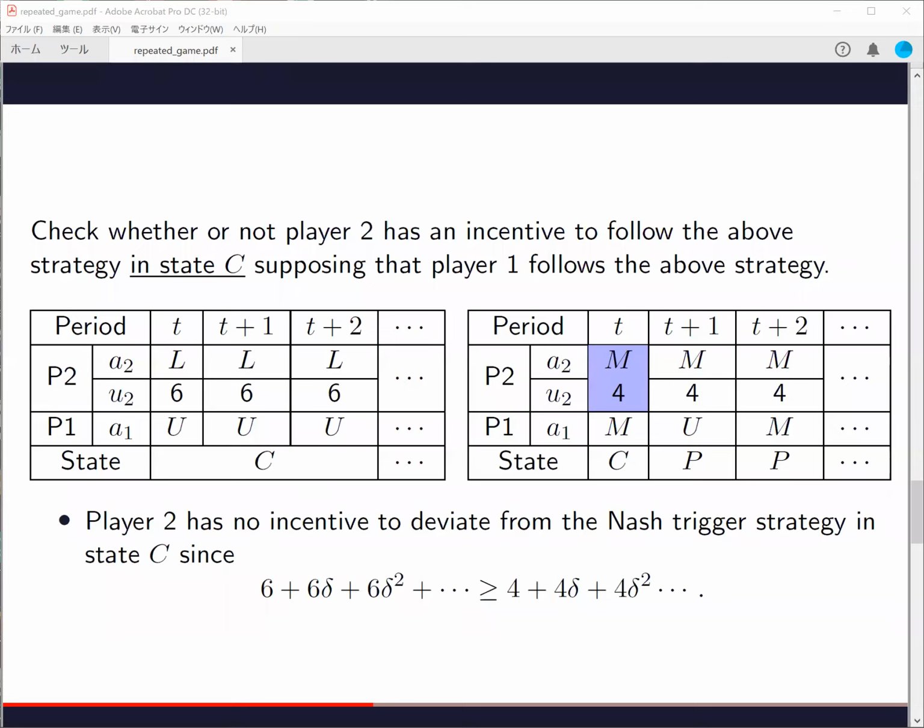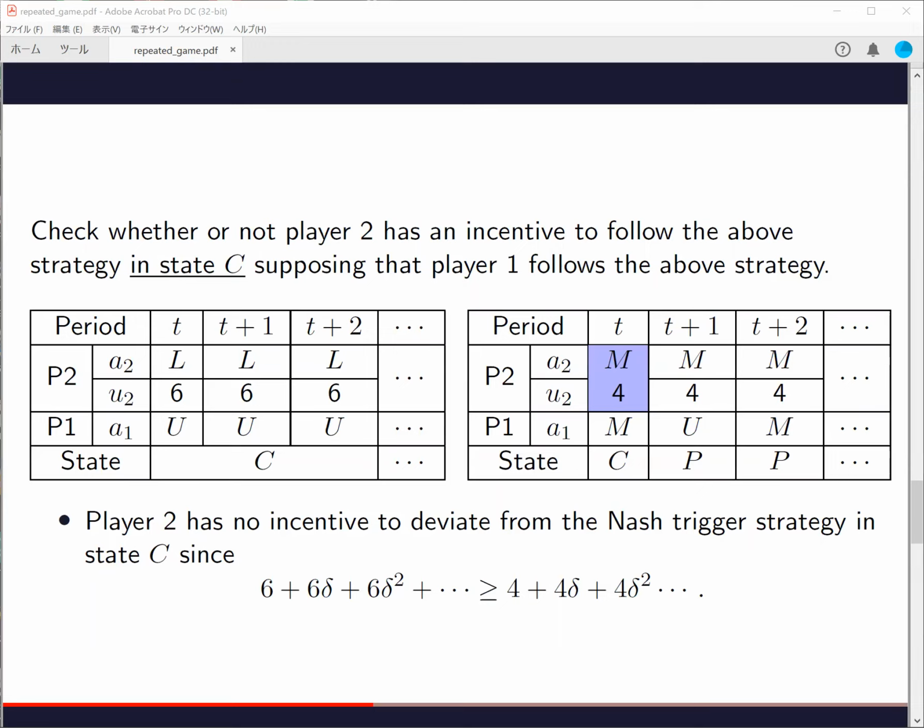Next, we check the deviation incentive for player 2. We first check the condition in which player 2 has no incentive to deviate from U and L. Again, we compare the total payoff under no deviation with the total payoff under deviation. If player 2 does not deviate, player 2 earns a one-period payoff of 6 in every period starting from today.